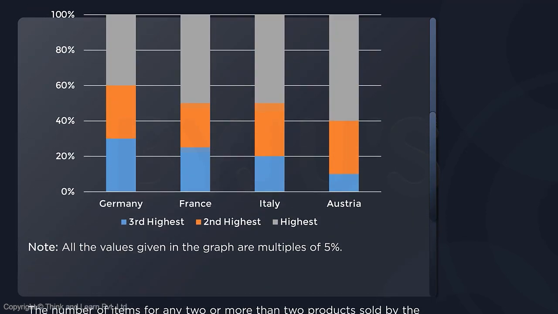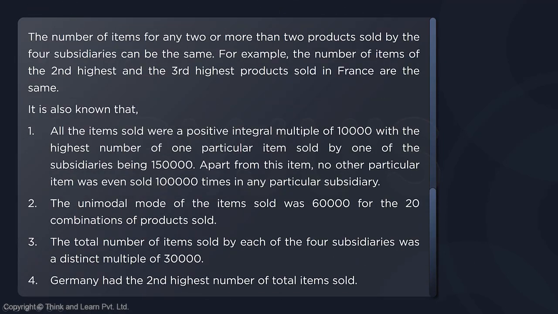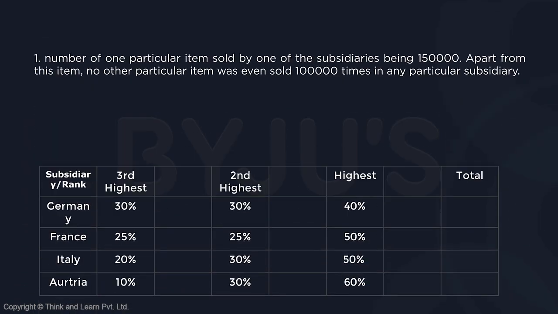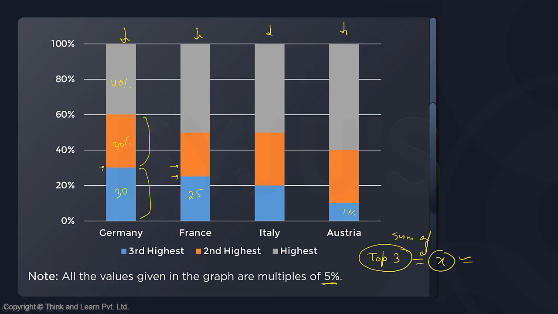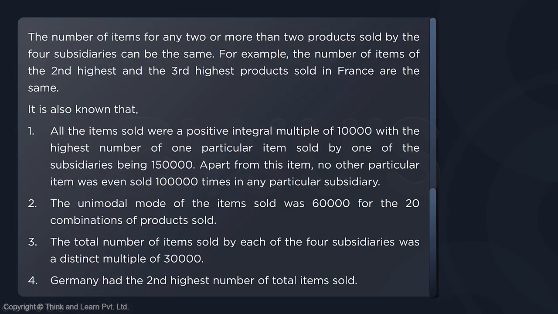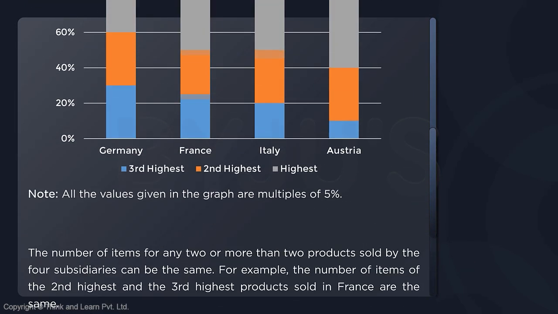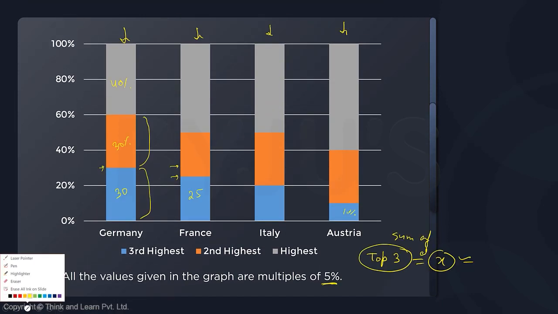When you talk about highest, second highest and third highest, generally speaking, highest is unique, second highest is unique, third highest is unique. But here it can be same also. That's what we are saying, right?